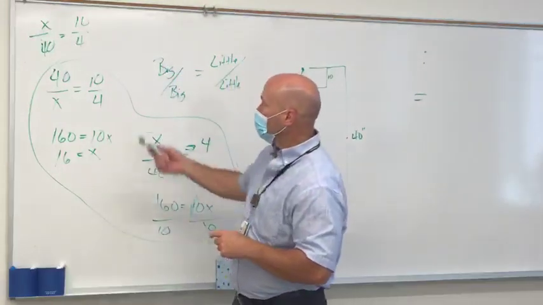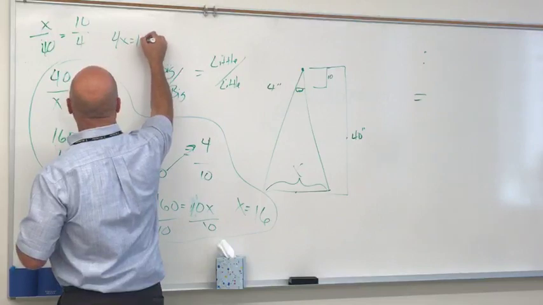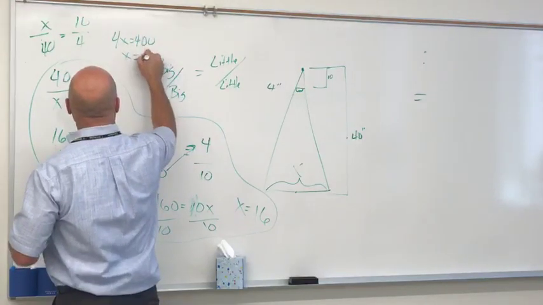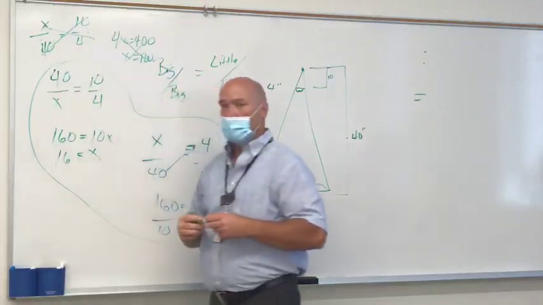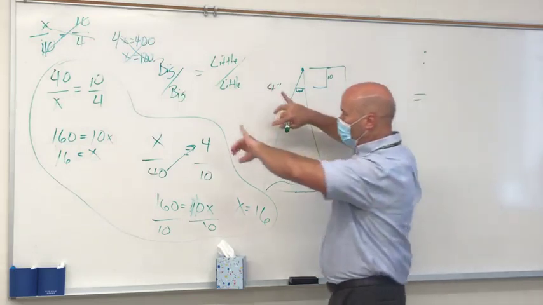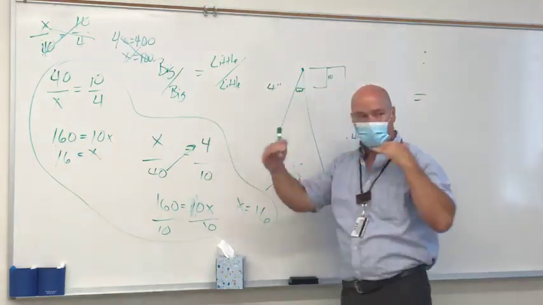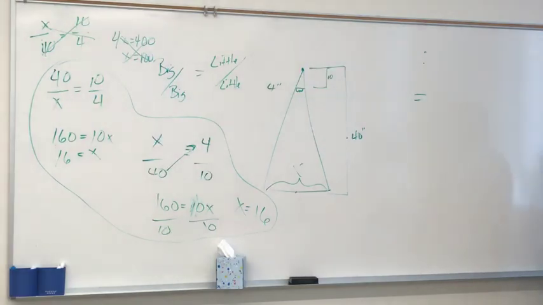No, not by a long shot. You've got 4x is equal to 400, x is equal to 100. So make sure that you keep everything across from each other. It doesn't really matter which way you go with your bigs and your littles, as long as you're comparing the like objects across from each other. Does that make sense? So, ratio problems.